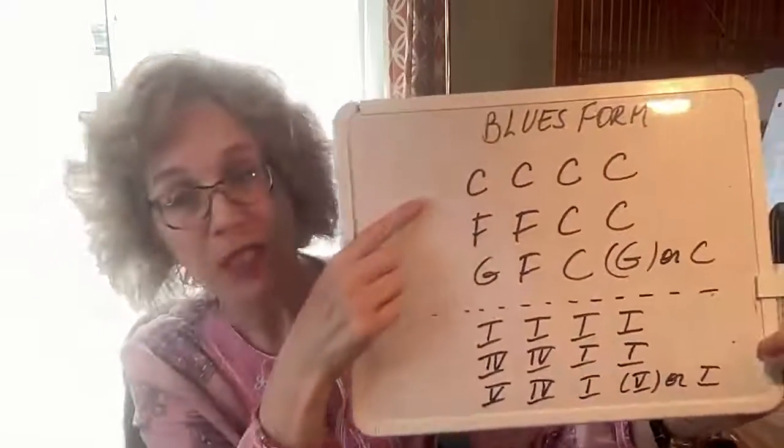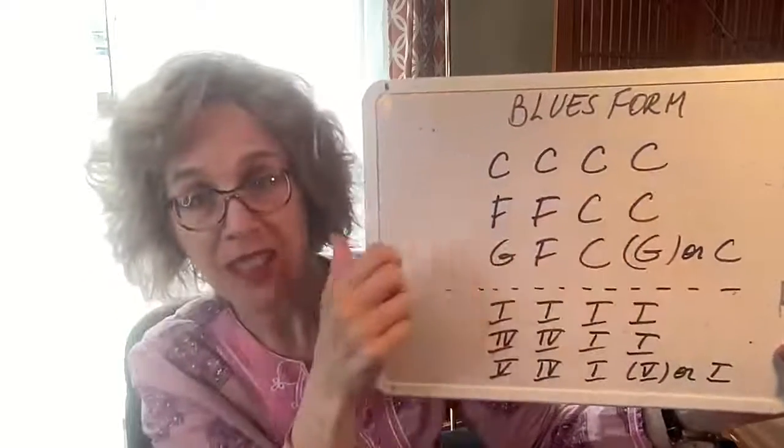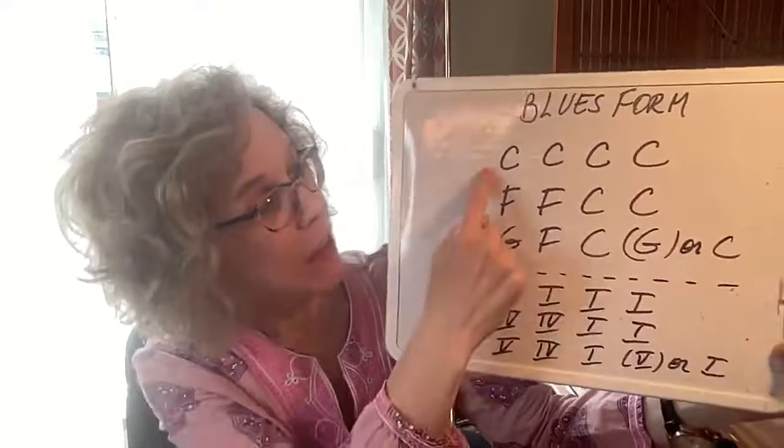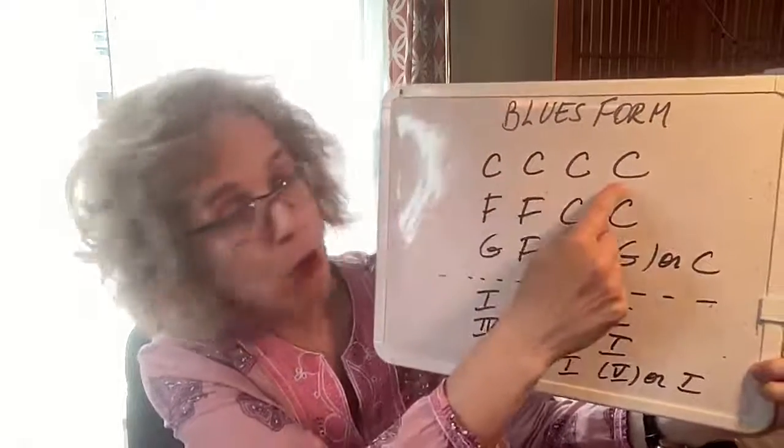So if you're in C, you have twice 4 bars of the C chord, which is the first degree. So you have the C chord for four beats and 4 bars.